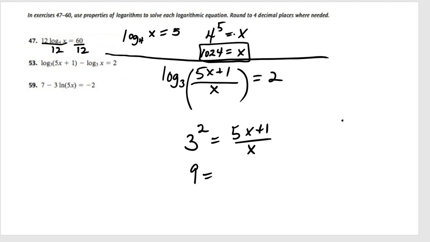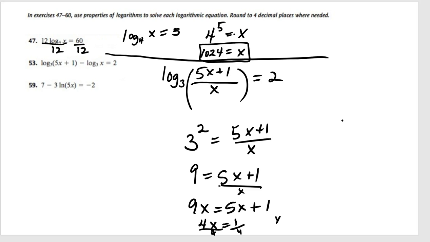This will be 9. If I multiply both sides by x, then this will become 9x is equal to 5x plus 1. And if I subtract 5x from both sides, I'll have 4x is equal to 1. Dividing by 4, I'll get x is equal to 1/4.